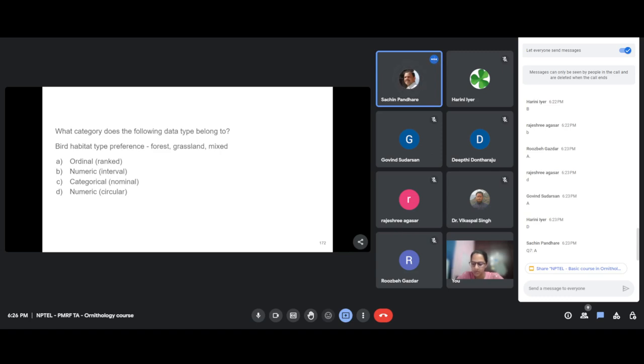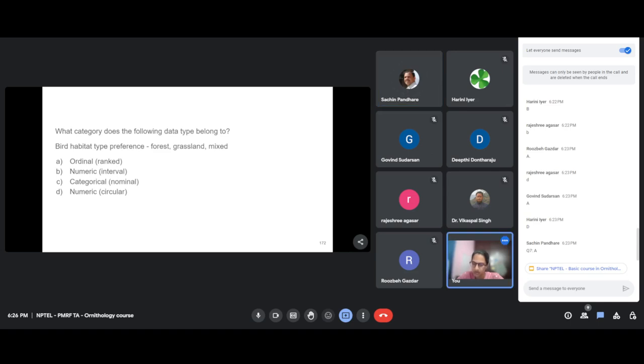And then we have numeric interval and circular. The only difference is that numeric interval is a normal real number that keeps on increasing or decreasing. In numeric circular, the data is similar except that it keeps repeating after a certain interval of time.